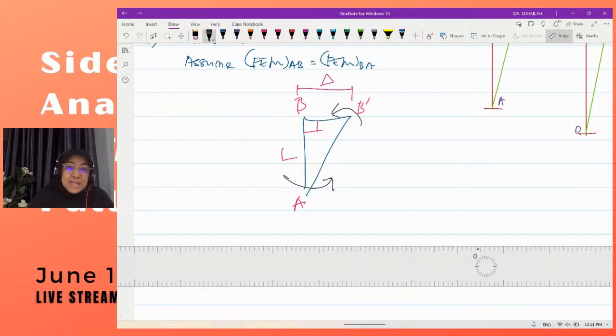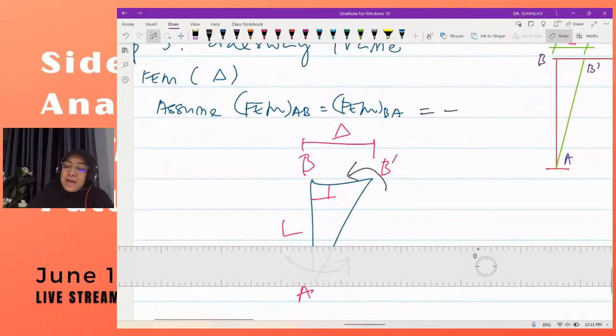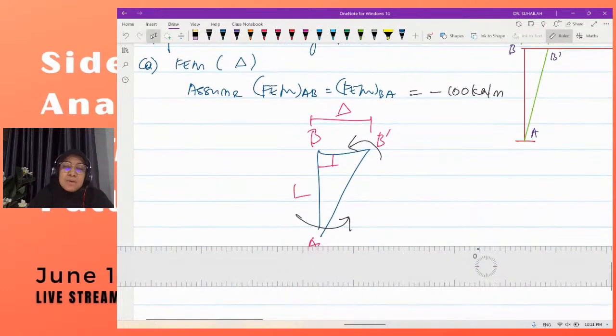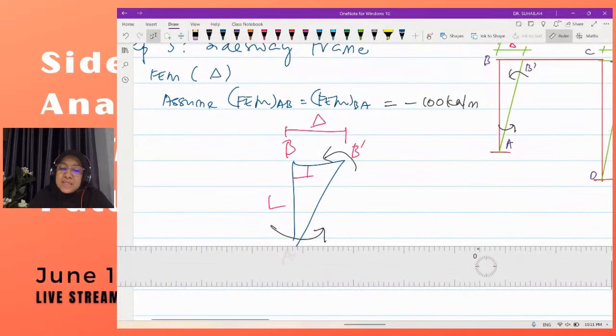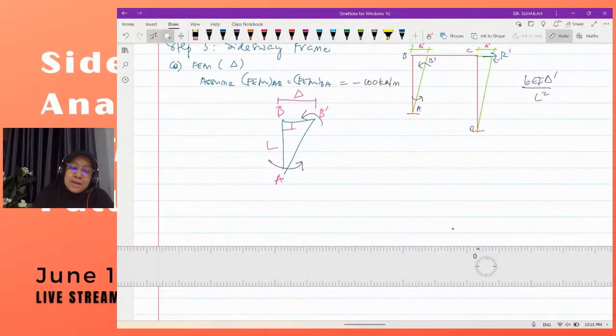It is counterclockwise, so it is negative behavior. Put 100 kilonewton meter, negative 100.